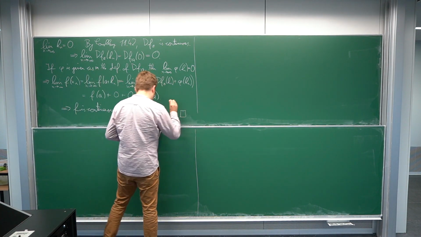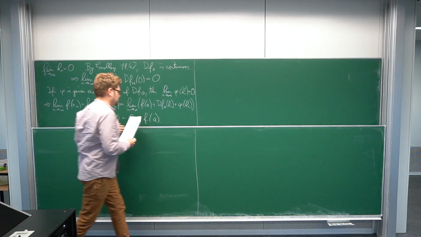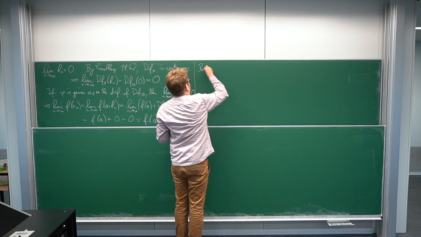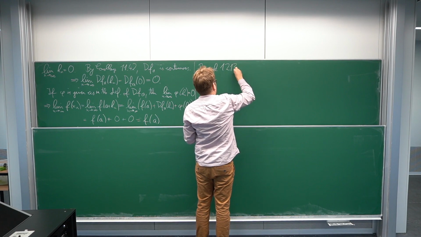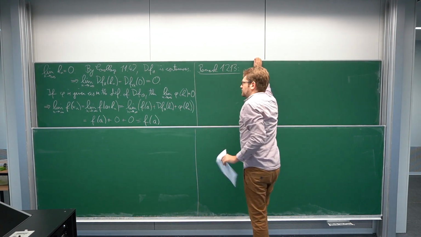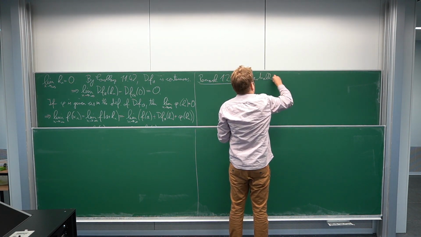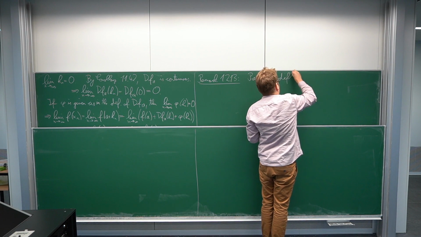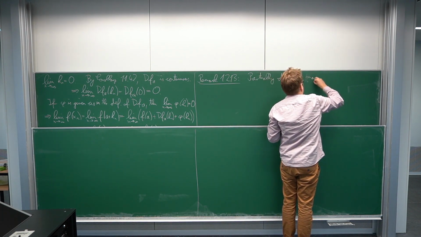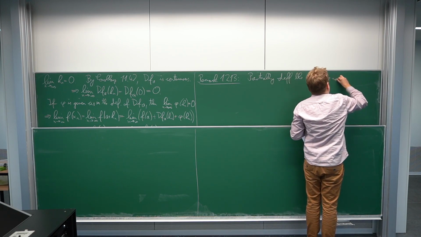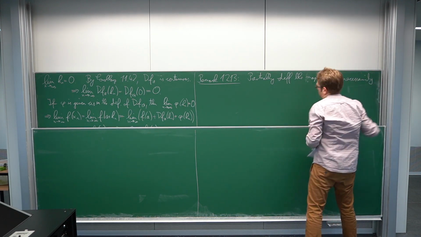Okay, so this is what we've seen. So differentiability implies continuity, and let me just fix that as a remark. 12.13 now. The converse is false, so partially differentiable functions in a point, sorry, maps, are not necessarily continuous.